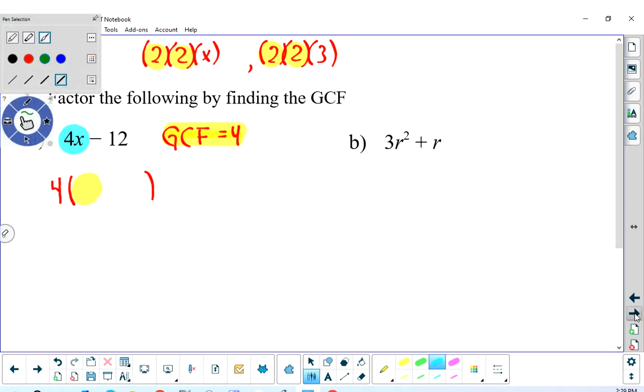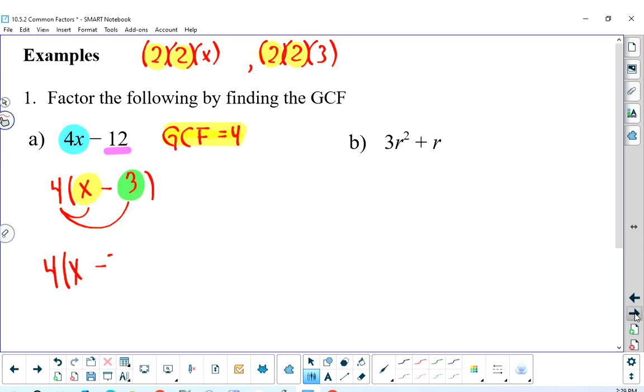And the answer is x. You'd have to put an x here. Minus, what would we put in the green to get this one? When we multiply this through, that gives us the 4x. I'm saying, what do we put here so that we will get a 12? And it's 3. So in factored form, it's 4 times x minus 3.